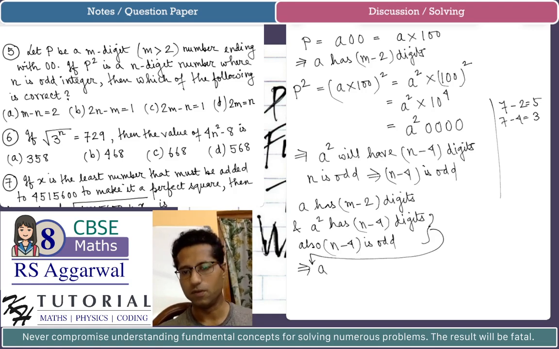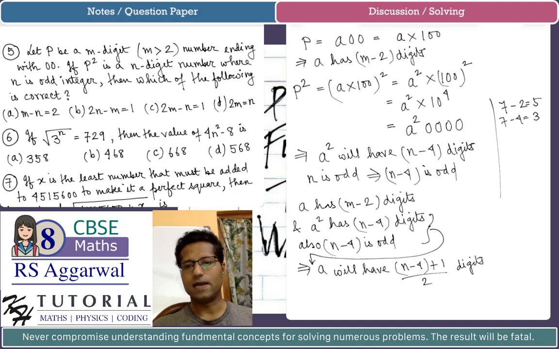So the square root of a square, that is a, will have n minus 4 plus 1 by 2 digits.